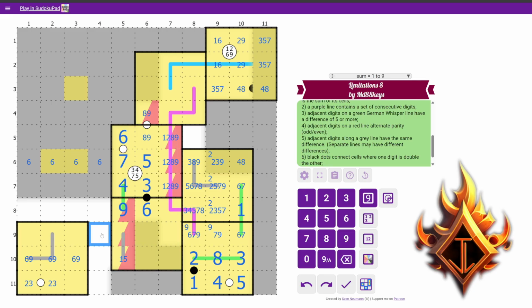Six, 9. Alright, so we're missing 1, 4, 5, 7.